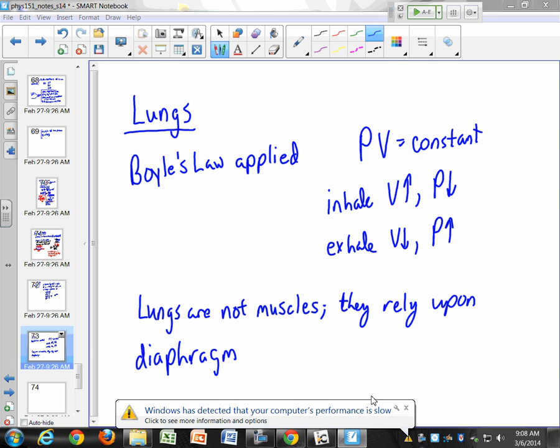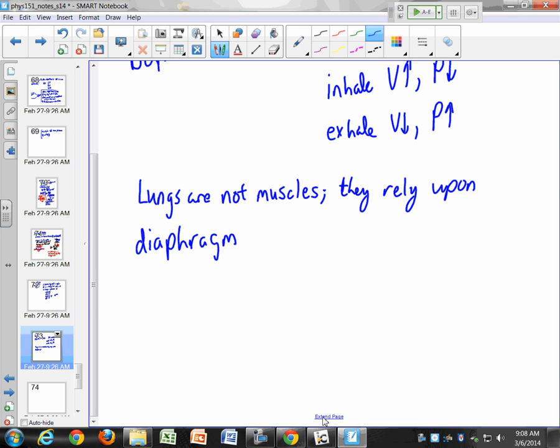That's spelled right? I think it is. Yeah, they rely upon the diaphragm and the muscles in the chest to cause the cavity to get bigger, and then the lungs just sort of fill that cavity.